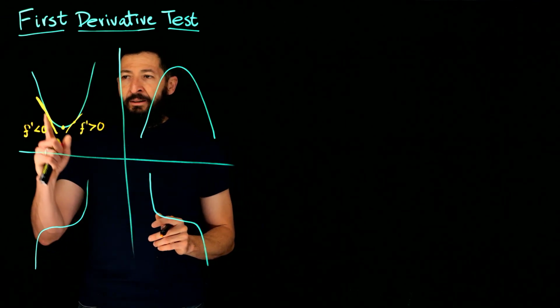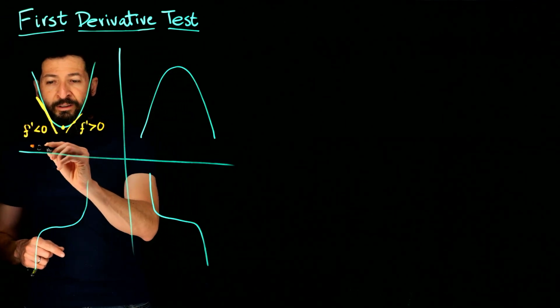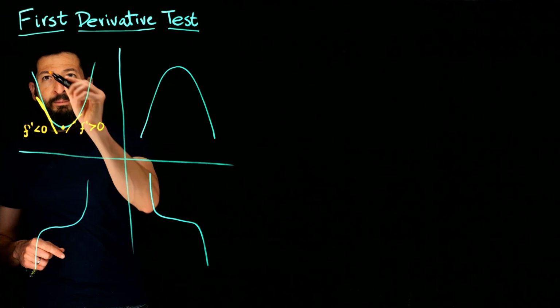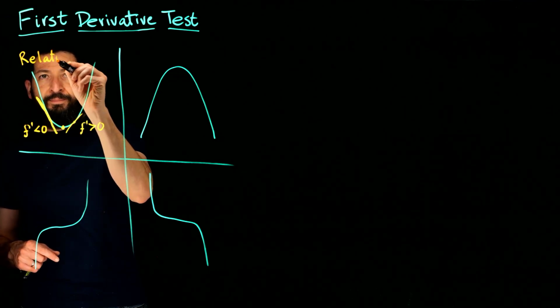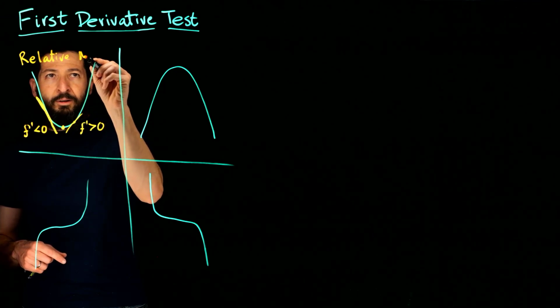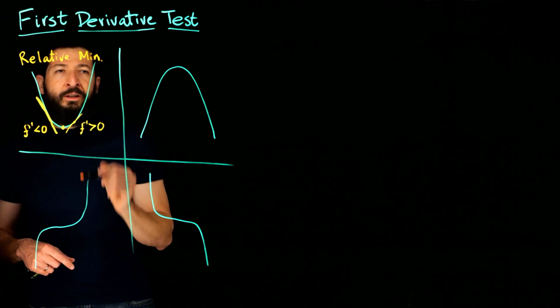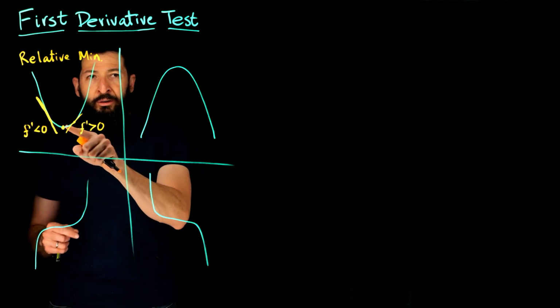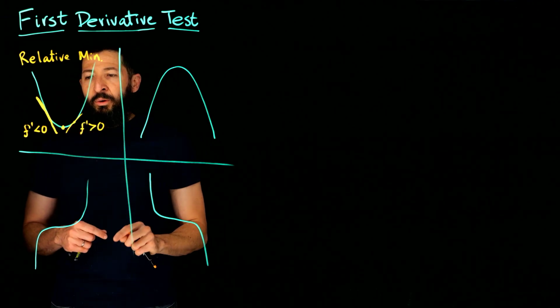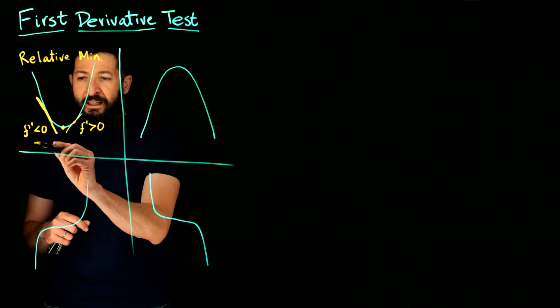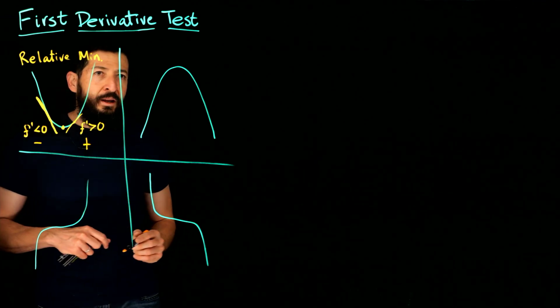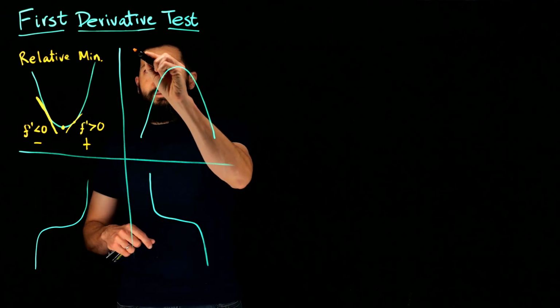So we have that the derivative goes from negative to positive. We're going to have a relative min. So a relative min or minimum will occur when you have a critical number, firstly, where the derivative goes from negative to positive.